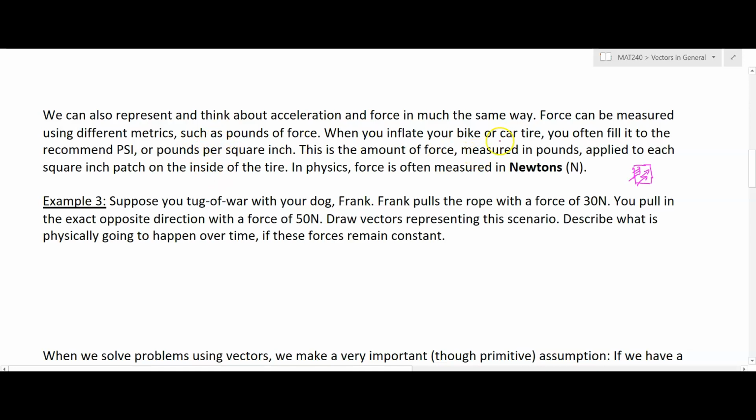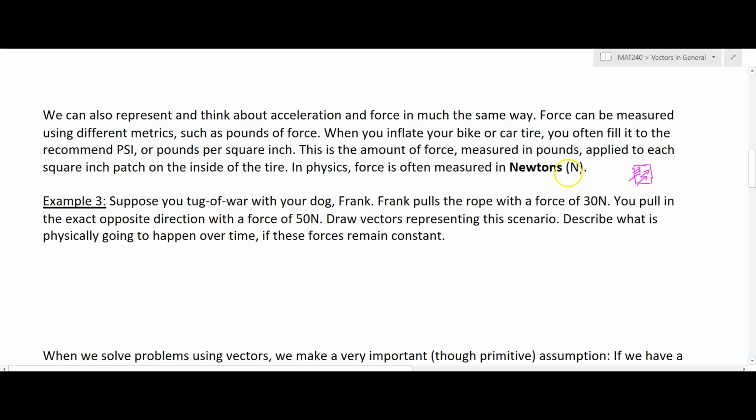This is the amount of force measured in pounds applied to each square inch patch on the inside of the tire. In physics, force is often measured in newtons. We're not going to go into the specifics of newtons and what kind of unit of measurement this is, but you can do some research and see that newtons are used quite often. You can convert between newtons and pounds.